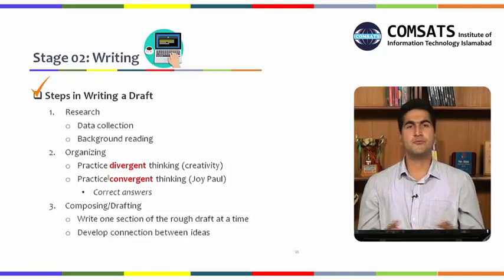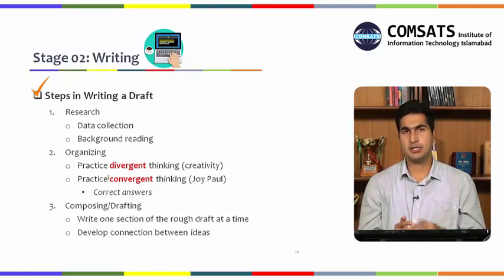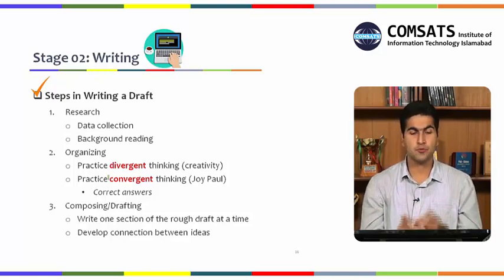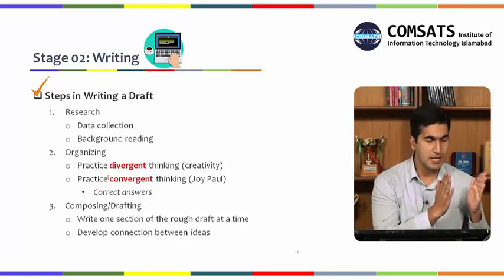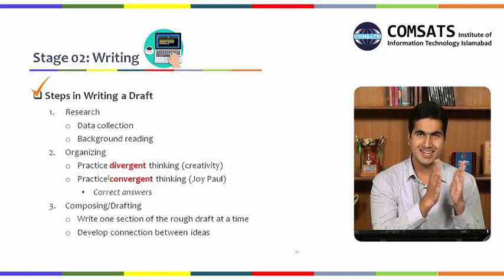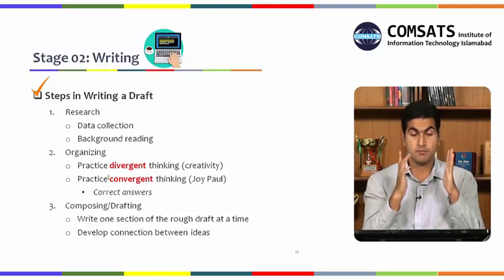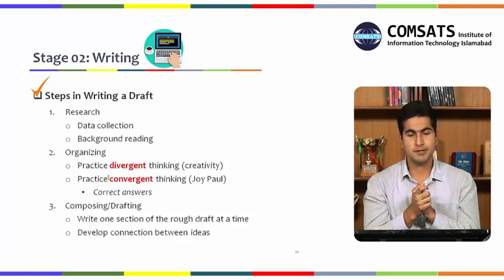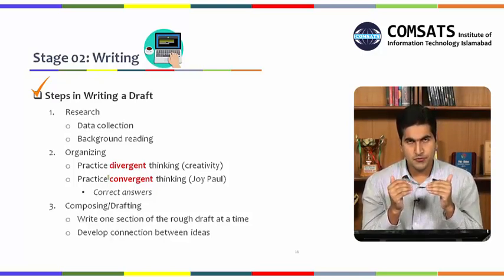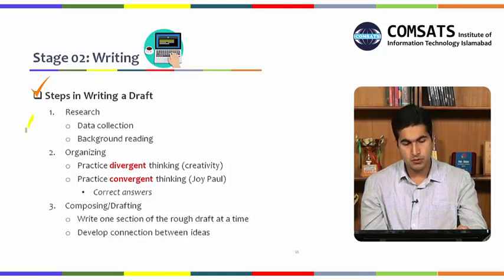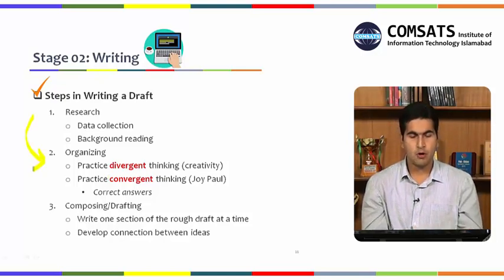We talk about research based on data collection and some background reading as well. So it all begins from this step one. You are collecting the data and clearing your mind about what background has to be provided to your reading. Once this research is complete, you move towards the organization.